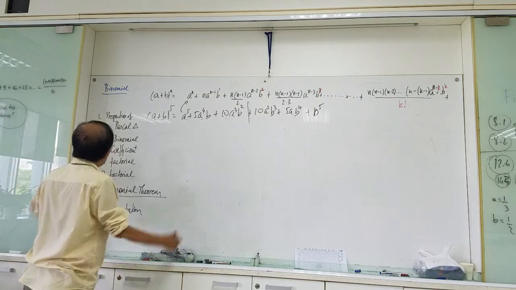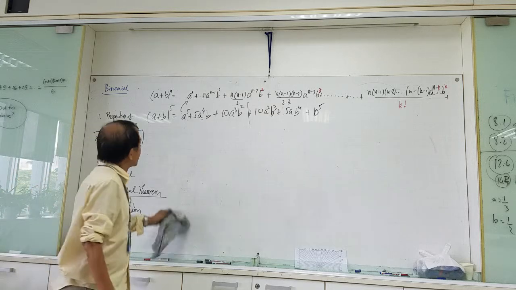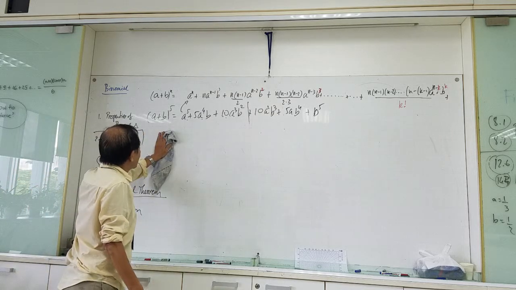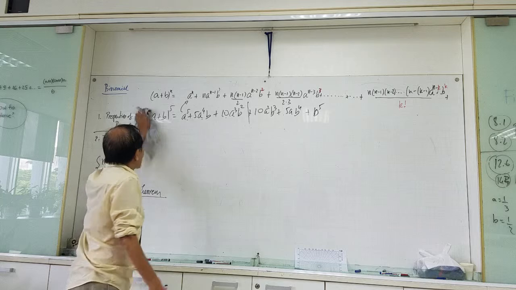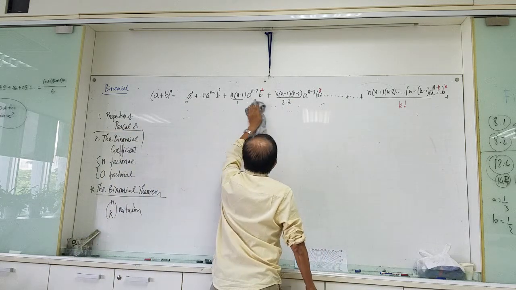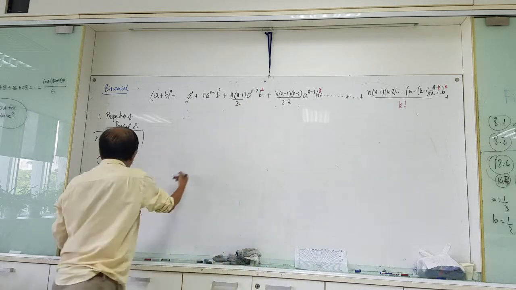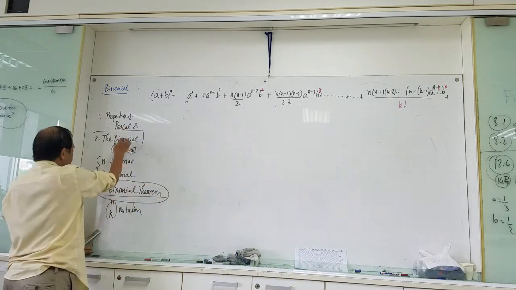Okay, now I introduce the binomial coefficient theorem. I want to go straight from the binomial theorem, and the coefficient belongs to that.